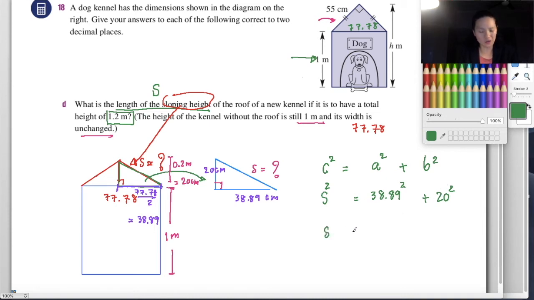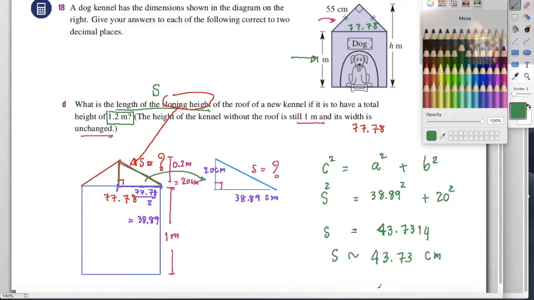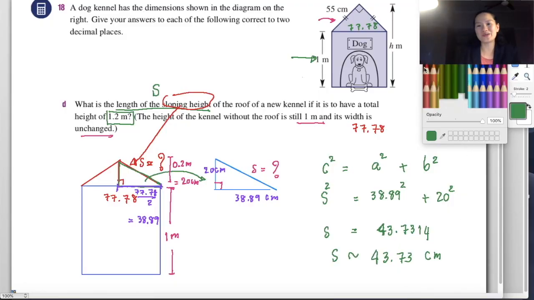Finally I got the slope height equal to 43.14, or approximately 43.73 centimeter. And this one is your answer.